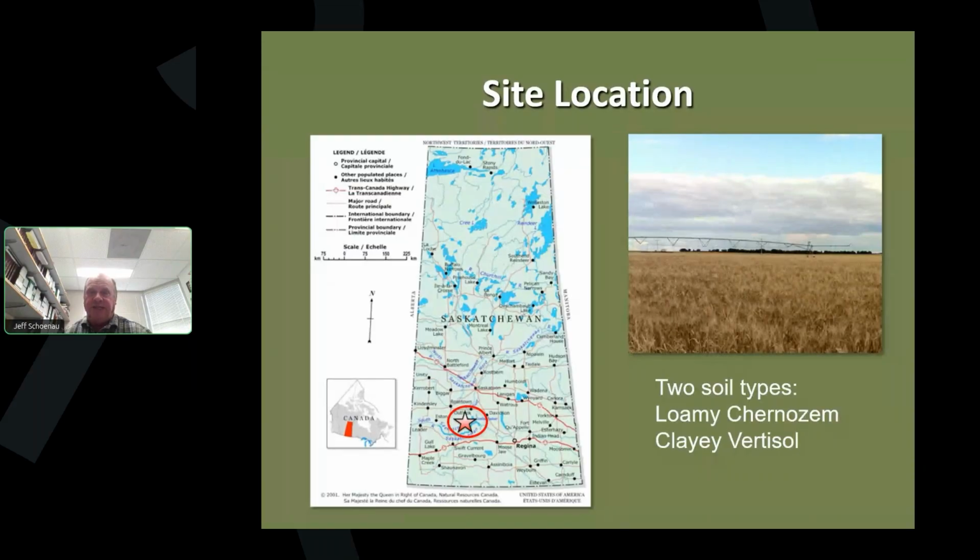We had a Solonetzic, which already started out with a hardpan compacted layer of high density, a Chernozem of a loamy texture, and also a very high clay content Vertisol. When we did this work, it was really wet years in 2010, 2011. We actually lost the Solonetzic site to flooding. So unfortunately, we went from three soil types to two soil types.